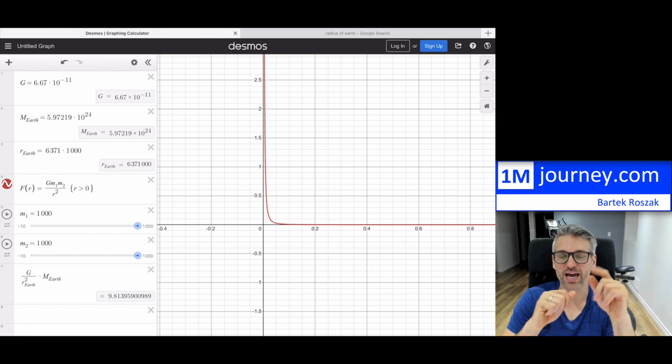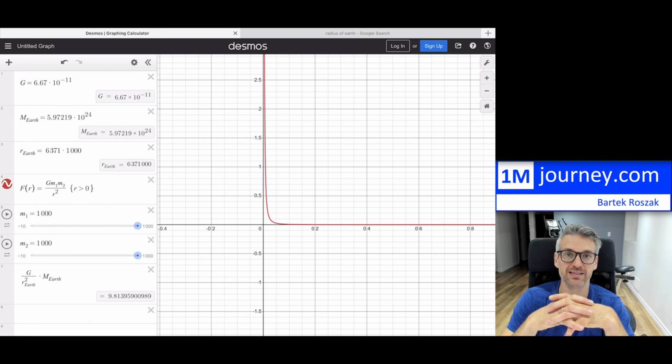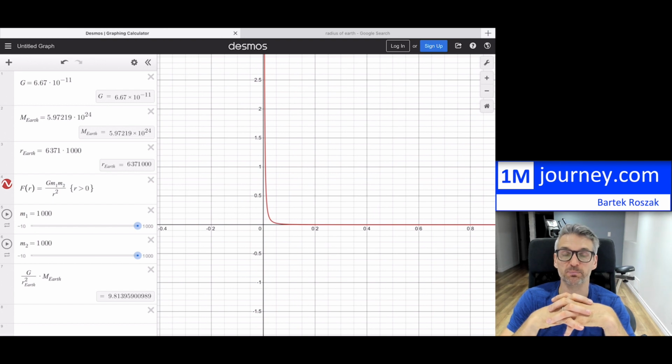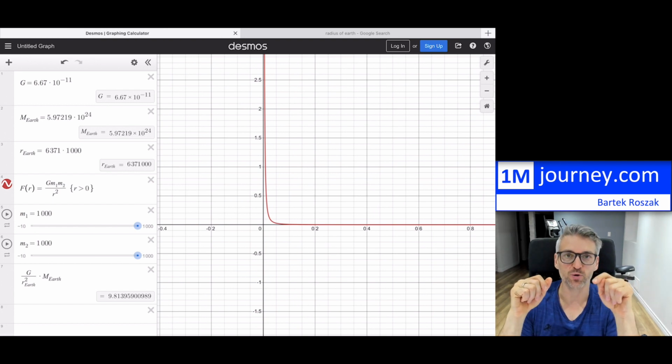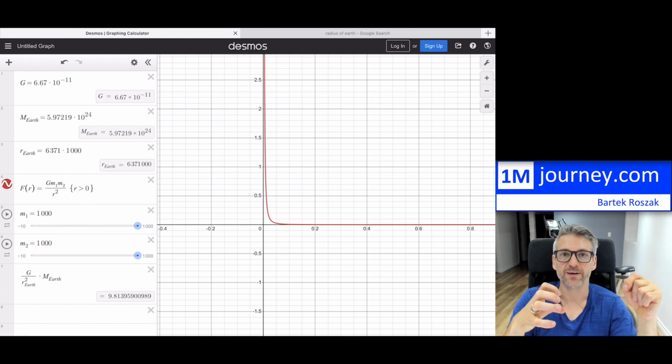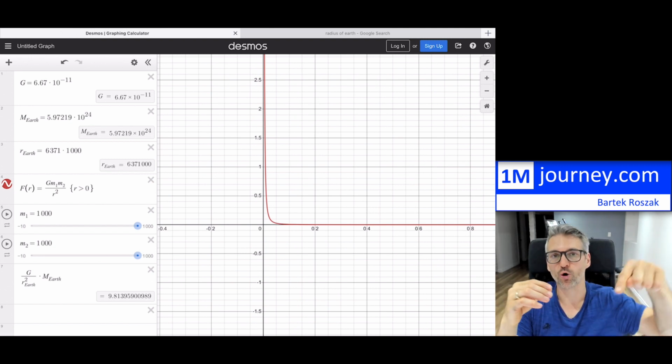Now, please don't forget that the Earth is rotating around the sun. So it is moving, and it is moving approximately at a constant speed. And that might bring you back to centripetal acceleration. So yes, the force of attraction between the sun and the Earth tries to pull these things together, but because the Earth is actually moving, it keeps spinning around, and that gravity is actually holding it in orbit.